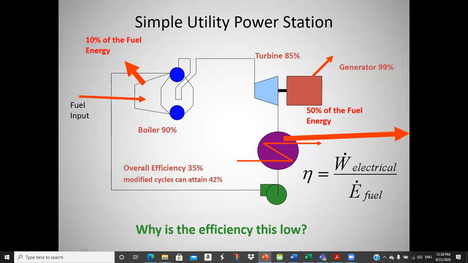What are you going to do with a boatload of 110 degree energy? You're going to put it in the lake or the air because you can't do anything with it. So they're locked in to a 50% loss in the condenser. And then they've got stack loss, heat losses, and other losses. Wow.